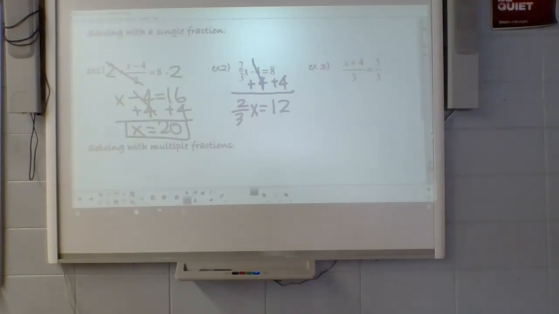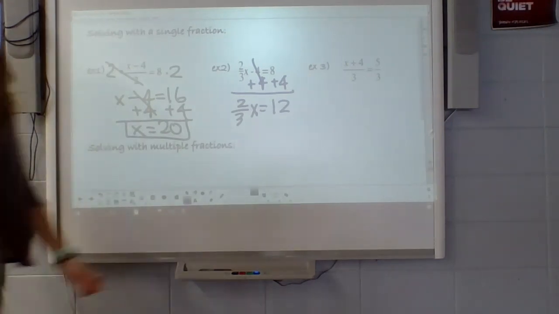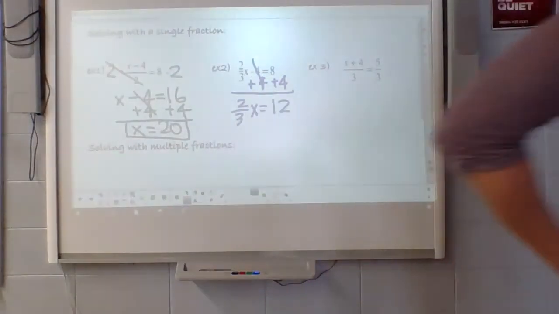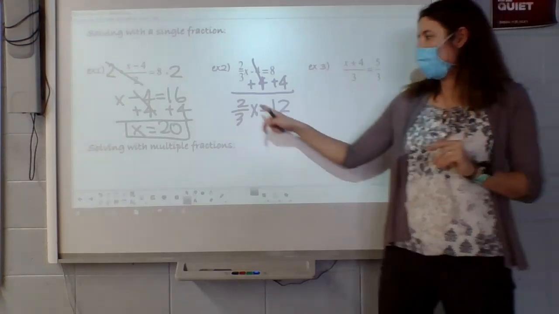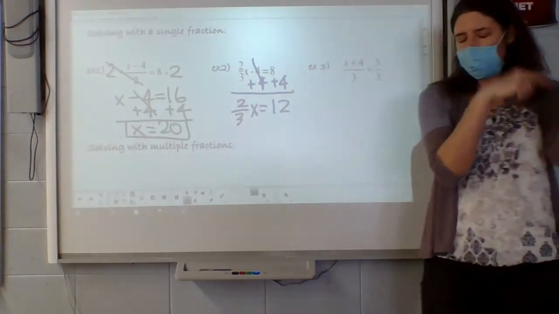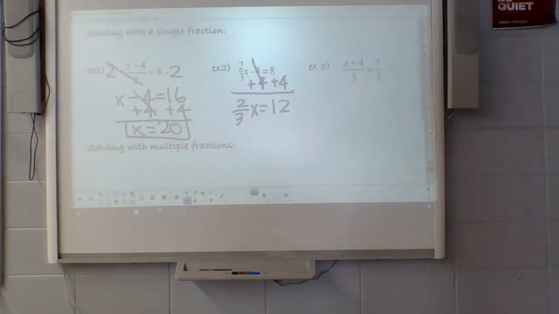Any thoughts on how to get rid of the 2/3? We talked about this a little bit last time. That 2/3 is being multiplied to x. Yeah, Justin? Yeah, and so she's kind of talking about doing it in 2 steps, which is perfectly fine. I'd probably do the multiply by 3 first, but it doesn't really matter.